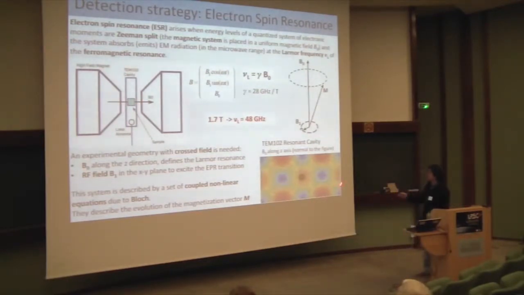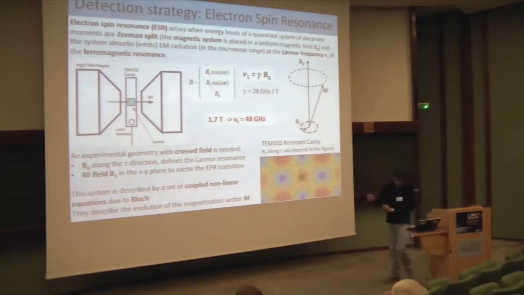This is a sketch of how the radio frequency field is placed inside this cavity. This is a TM102 resonance mode, and it can excite the transition, but also detect the presence of changes in the magnetization at the same frequency, which may be induced by the axion.